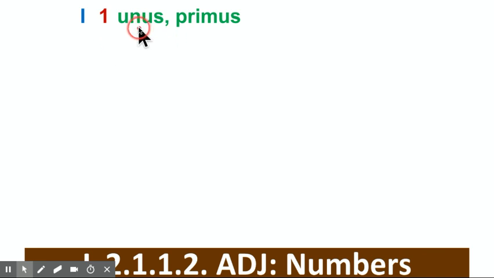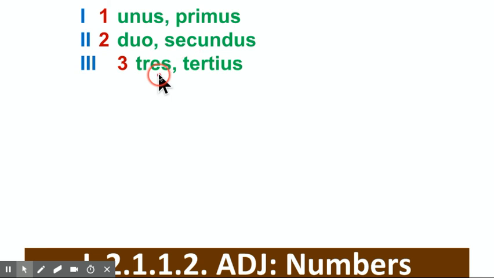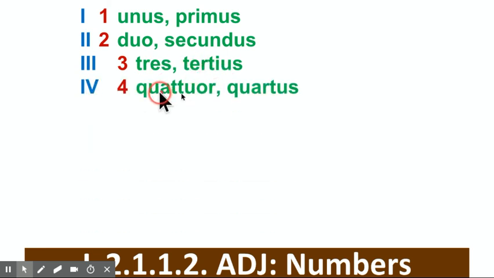Roman numerals, reviewing those. The first one is unus, that's one, versus primus, that's first. I am number one, I am first. Duo, two, with secundus, second. Tres, tertius. So one is the cardinal, right? That one is the ordinal. What order? Third.